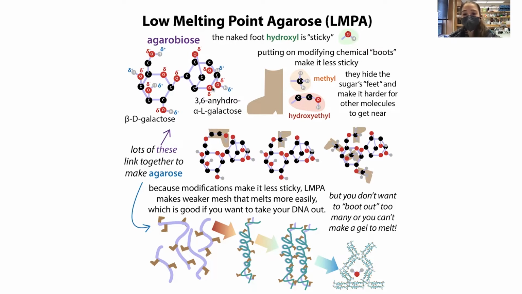If you add a methyl group or a hydroxyethyl group, you're adding more carbon groups, decreasing the polarity and making it bulkier, so it's harder for the strands to get closer together. Overall, this makes them less sticky, and so you get a weaker mesh that melts more easily. This can be good when you're trying to do a gel extraction.